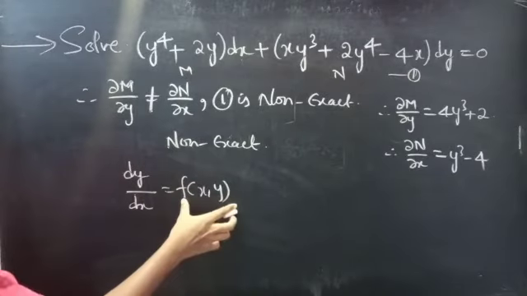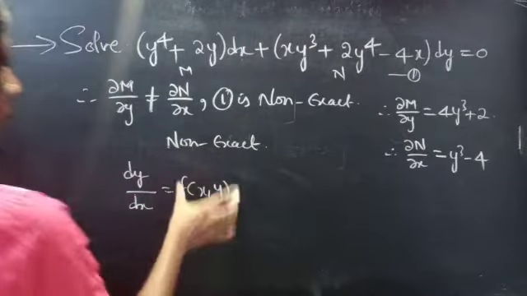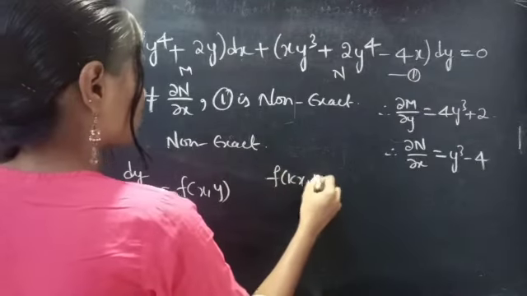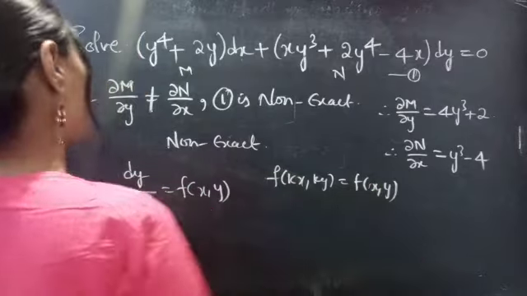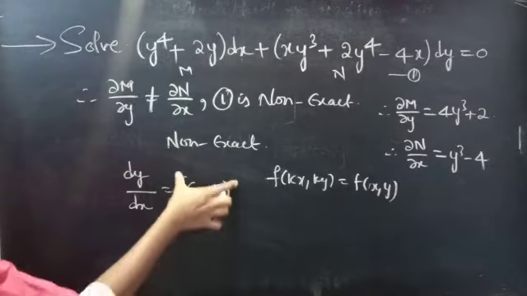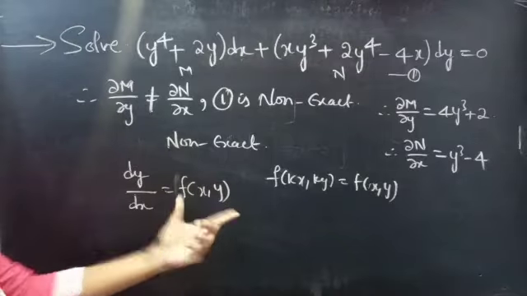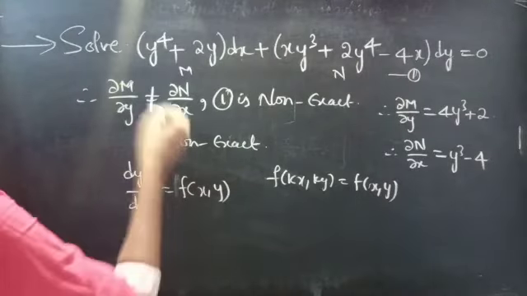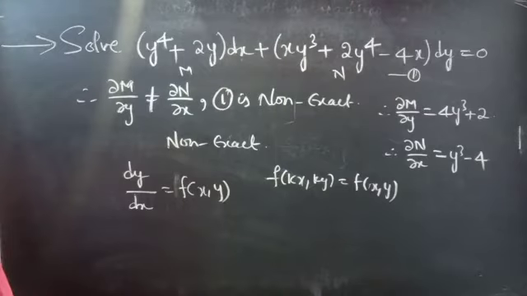You can check whether the function is homogeneous or not using f(kx, ky) = f(x, y). If f(kx, ky) equals f(x, y), then we can say that this function is homogeneous, and the differential equation involving homogeneous functions will be a homogeneous equation. Or simply by looking at the powers, you can say whether the given equation is homogeneous or not.